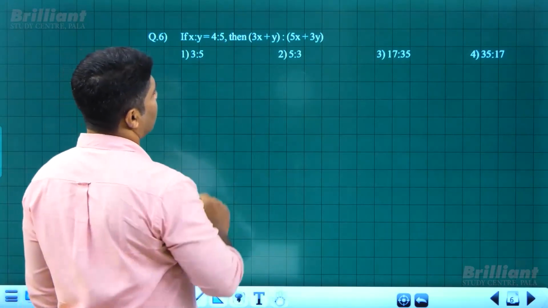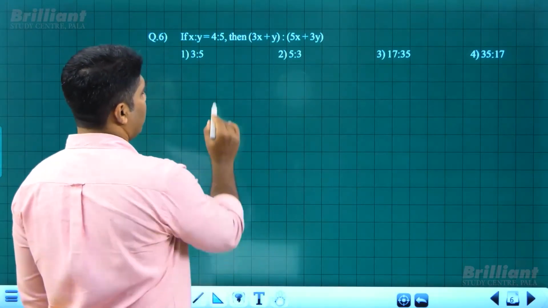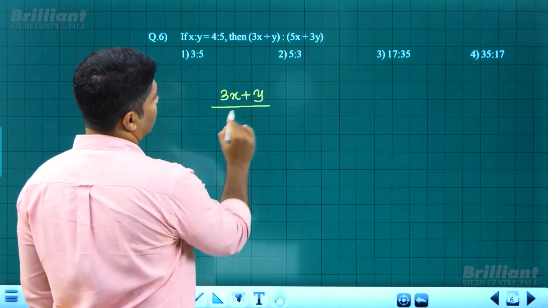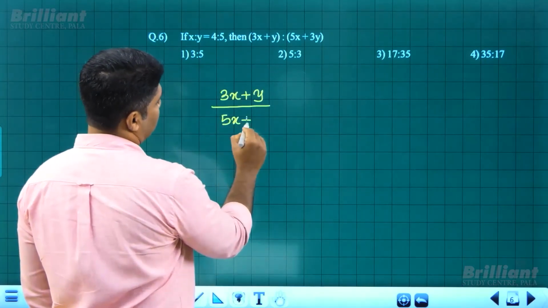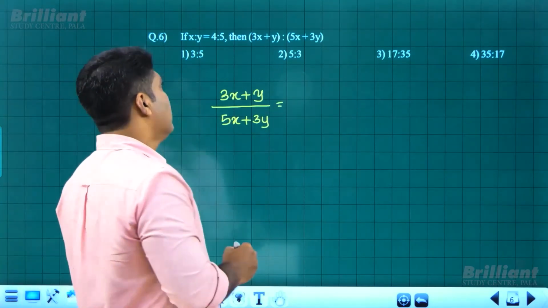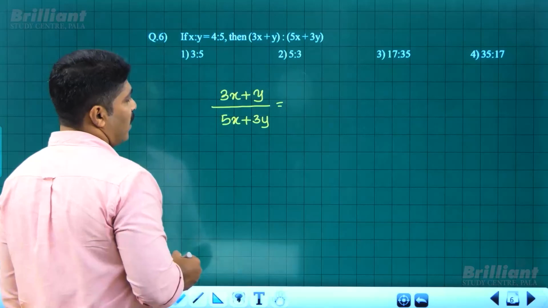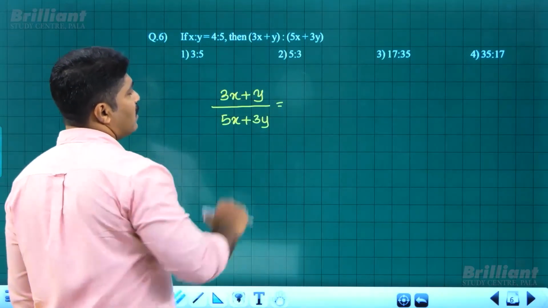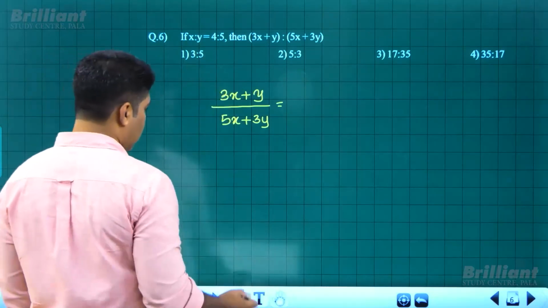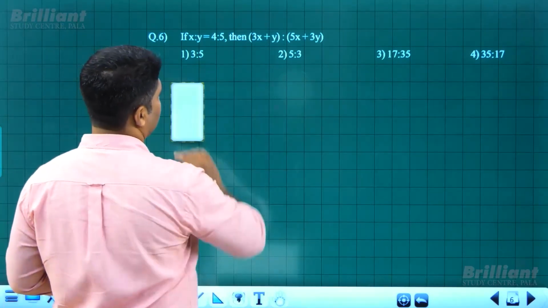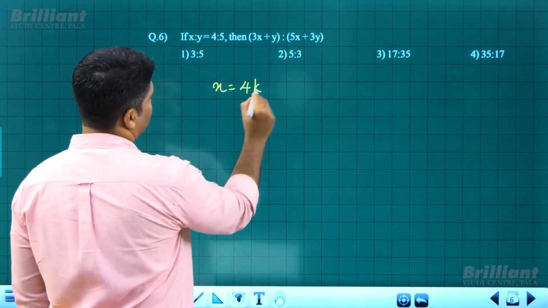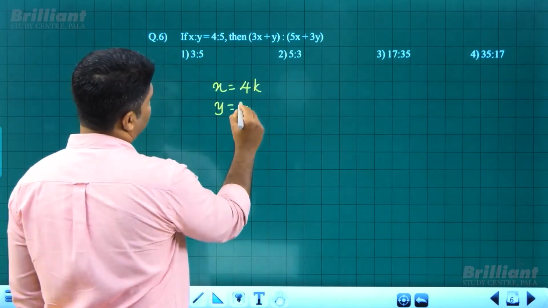If x is to y equal to 4:5, can we find out the value of 3x plus y divided by 5x plus 3y? I am writing that expression in the form of a fraction. So if x is to y is 4:5, if we are sure about the simplification being possible, then I am writing x equal to 4k, y equal to 5k.